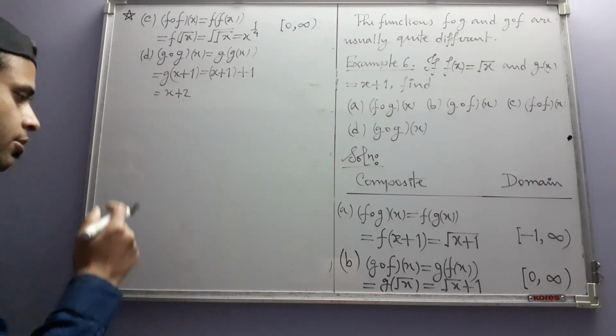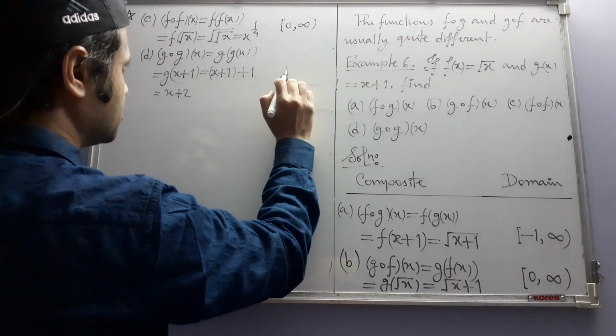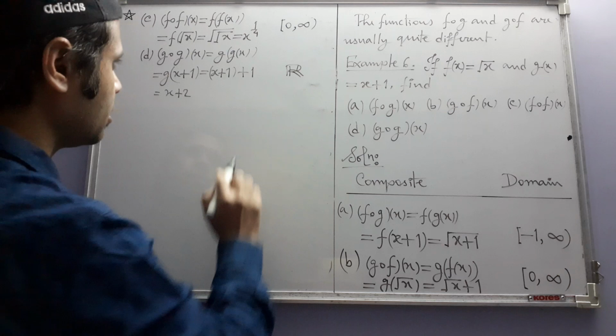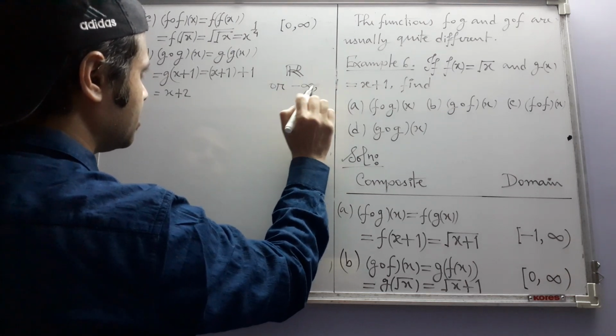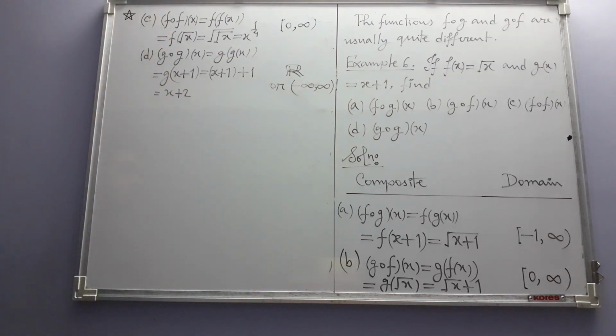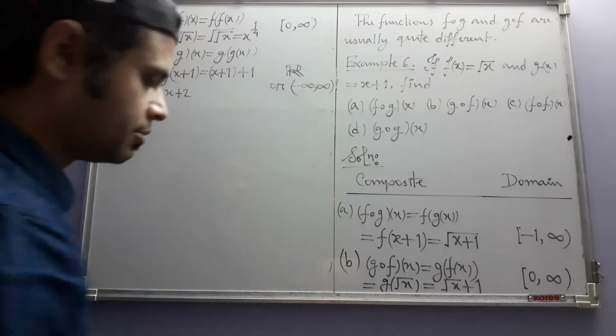Now here we don't have any restriction at all, you can take all the real numbers. So here the natural domain is the entire set of real numbers, or if you want to write an interval you can write this. So that is all the compositions.